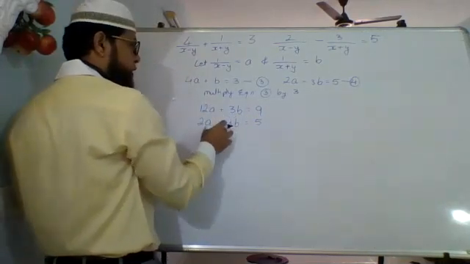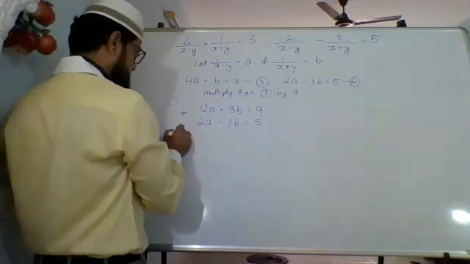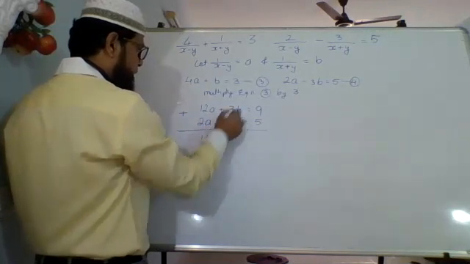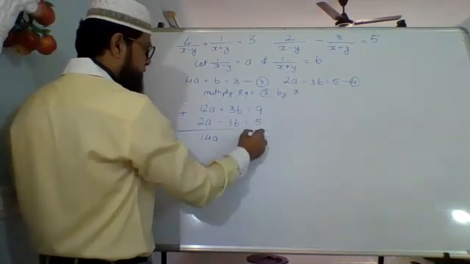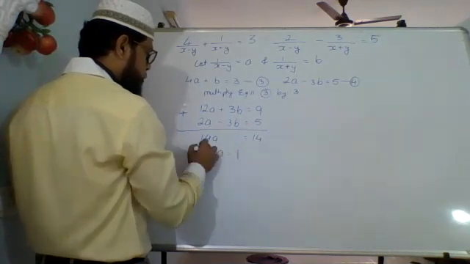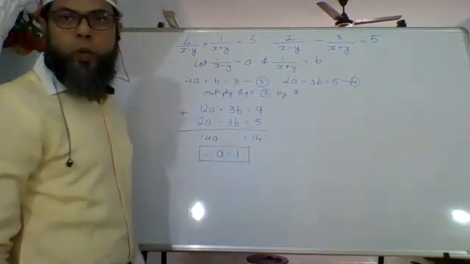Since the signs of b are opposite, I'm just going to add. So 2a plus 12a is 14a. The b terms cancel out. 9 plus 5 is 14. 14a equals 14, therefore a equals 1.